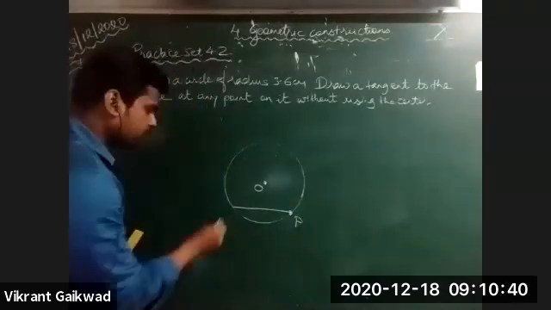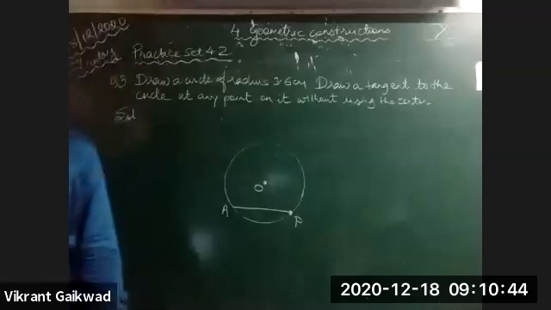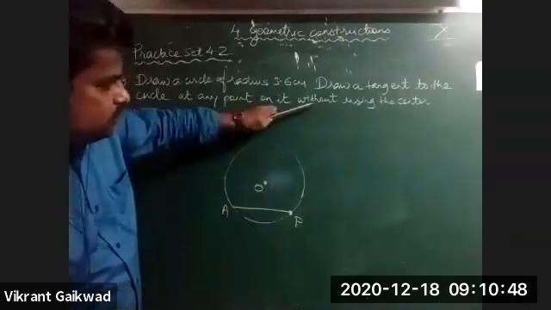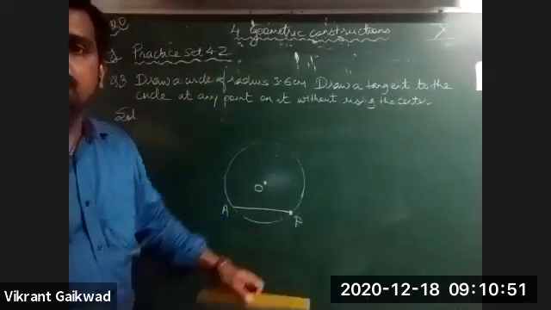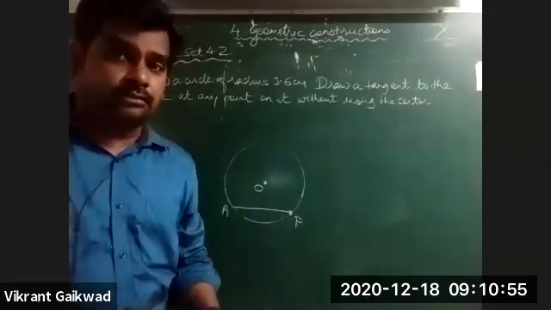See, AP is the chord. Okay. So what happens if you consider this to be the segment? Now the circle is divided into two parts, up and down. So we are going to apply the properties of angles in the alternate segment to be congruent.